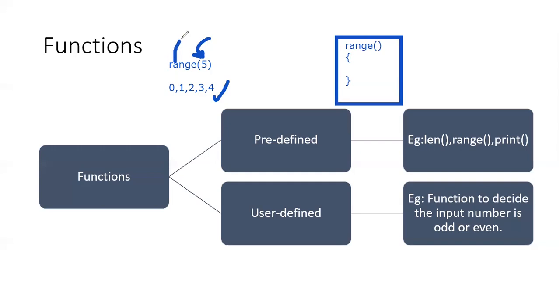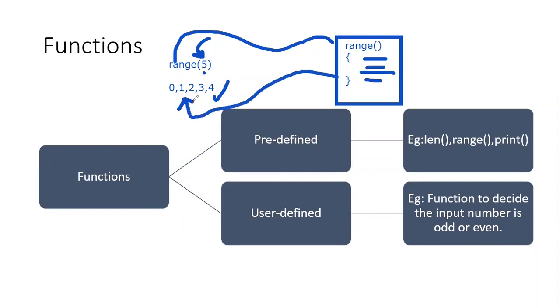We are calling this function range, which is a predefined function developed by someone else. When you pass a number, it will produce this output and give it to you. Therefore, to get this output, I just call the function already developed by someone else.